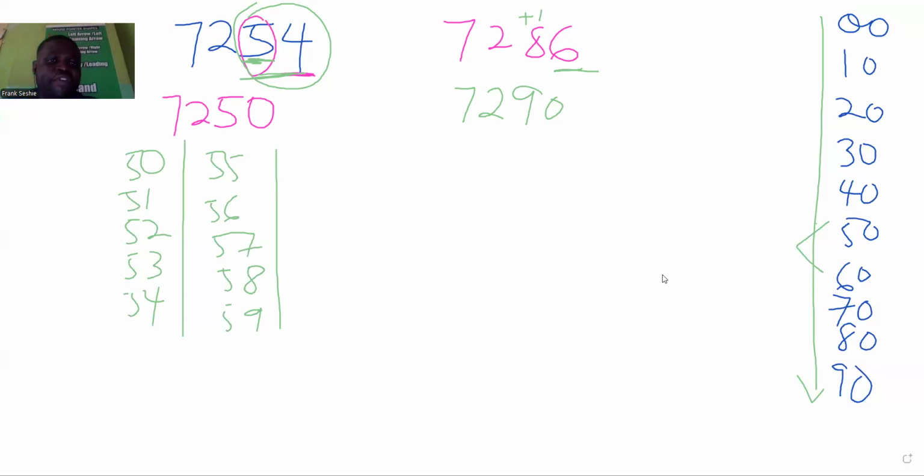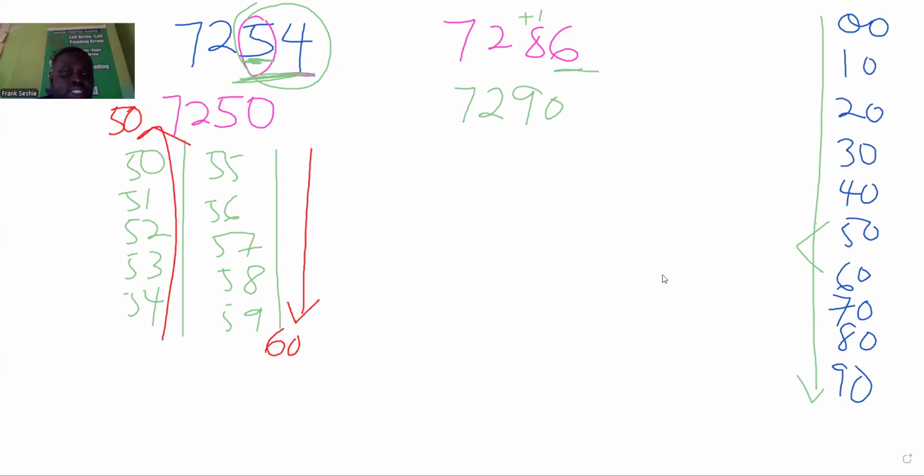Now, for 54, you have to tell if it is within the upper 5 or the lower 5. You realize that the lower 5 is closer to 50, while the upper 5 is closer to 60. So if we are approximating, the upper 5 would get to the next tens value, which is 60.